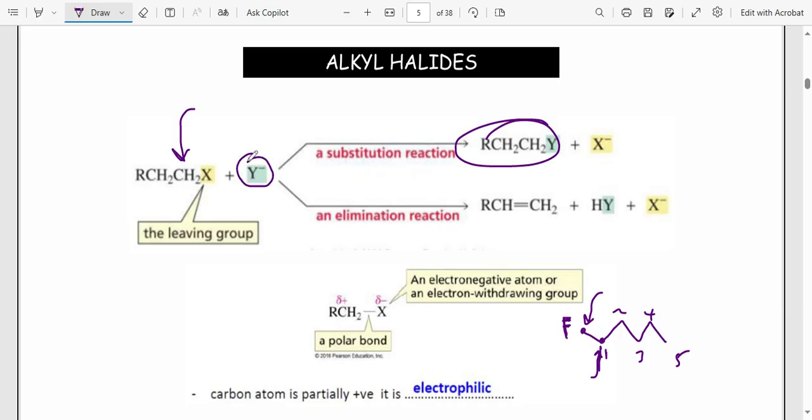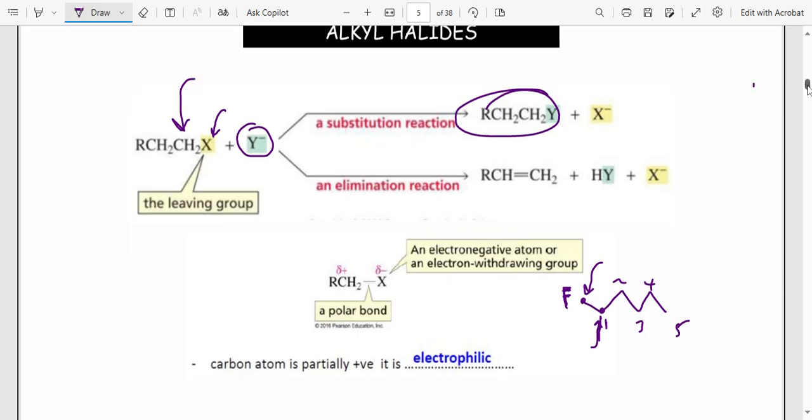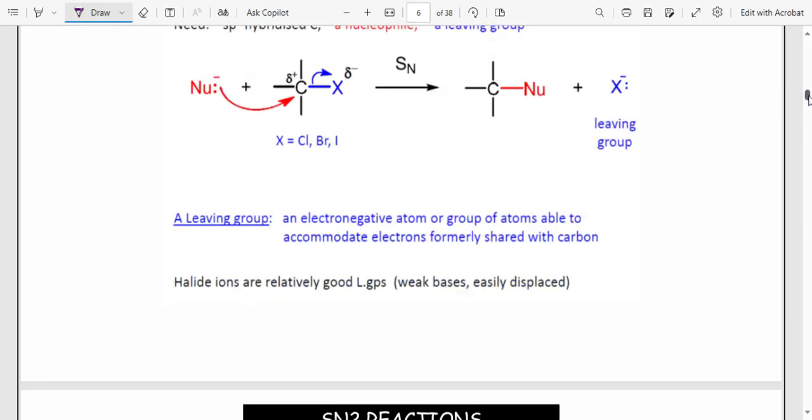It's actually the nucleophile that will get a hydrogen from there, and at the same time, X will also leave. In a nucleophilic elimination reaction, we form a double bond. We'll talk about the details of the mechanism later, but these are the two main reactions that you need to understand.